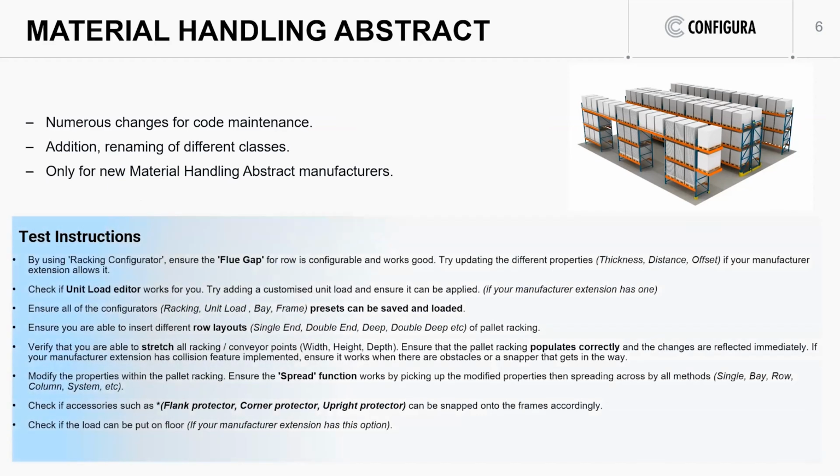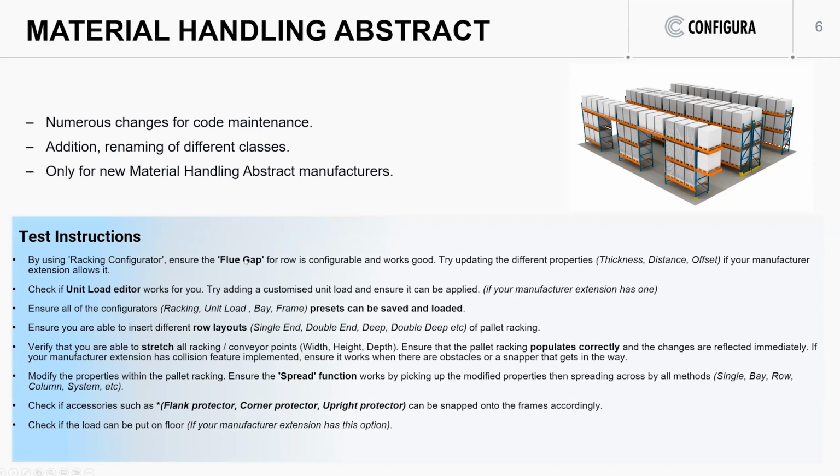So with the code maintenance, we highly recommend following these test instructions just to make sure all of these functionalities still work for you. Now I'm going to be going through each of it by using a racking configurator. Ensure that the flue gap for row is configurable and works as good as before. Then you can also try updating the different properties, which are thickness, distance, and offset, if your manufacturer extension allows it.